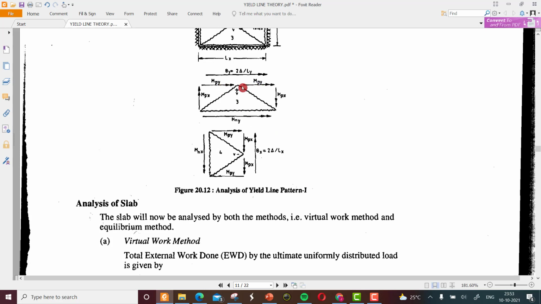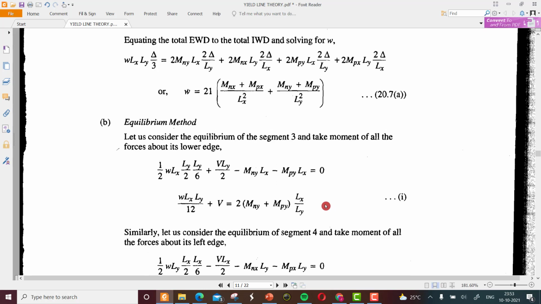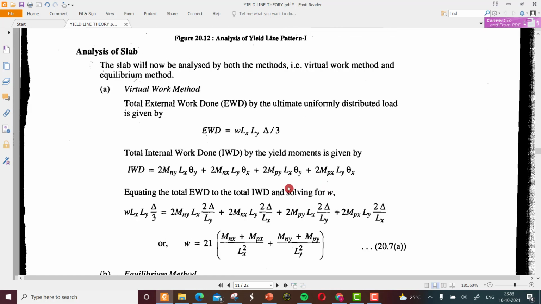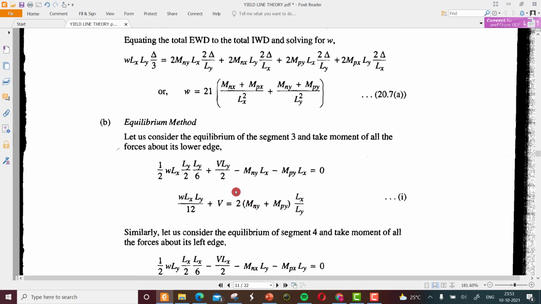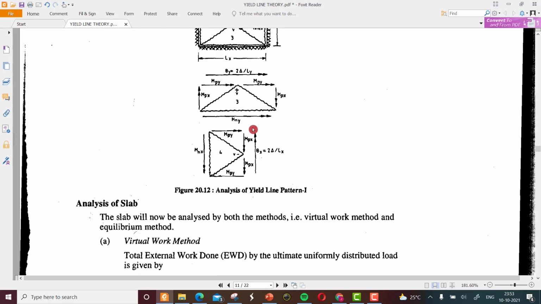Note that there are some positive, that means clockwise moments, as well as anti-clockwise moments, that's why there are negative signs coming for mny and mpy for the first equation.